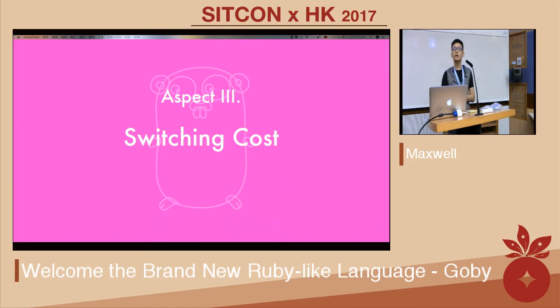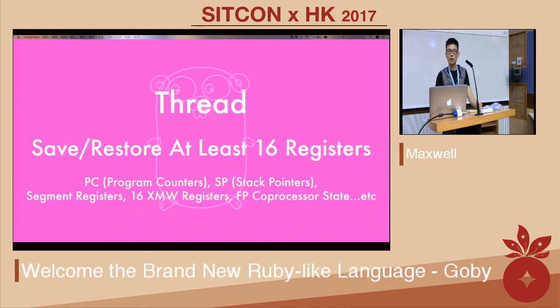And the third one is the switching cost. You can view this as the cost between setting up and tearing down the threads. When switching threads, it needs to save or restore the memory of over 16 registers.